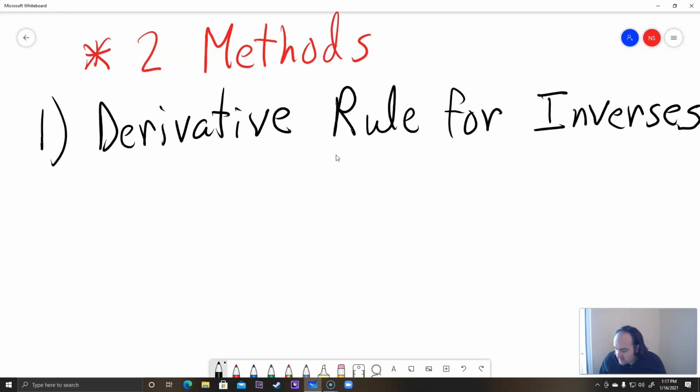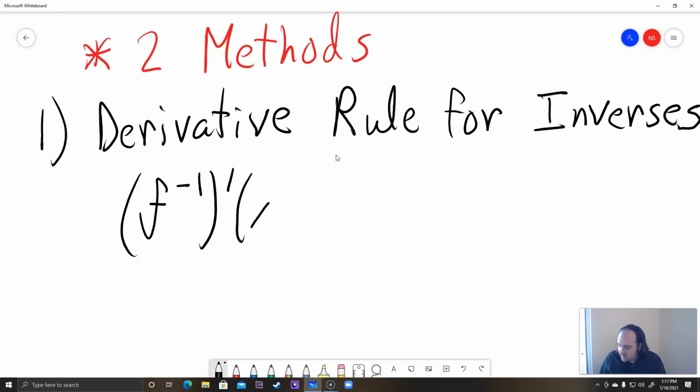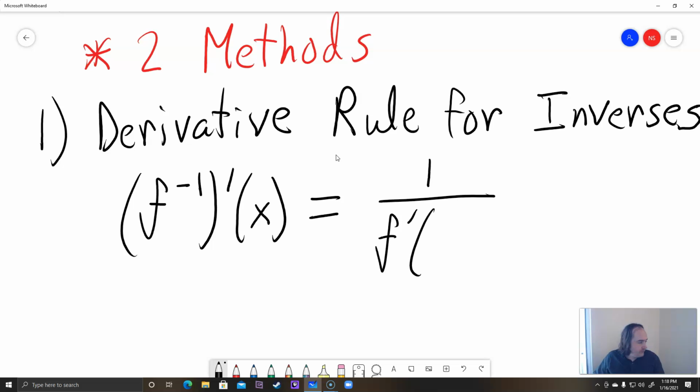So it just says that the derivative of f inverse of x, so f inverse prime of x, is equal to 1 over f prime of f inverse of x.